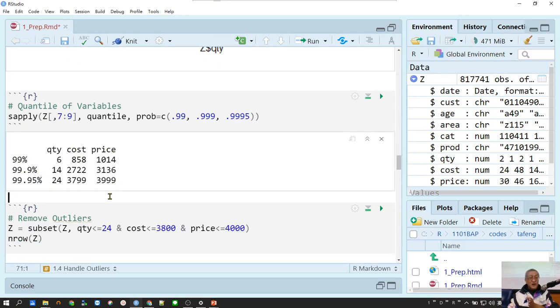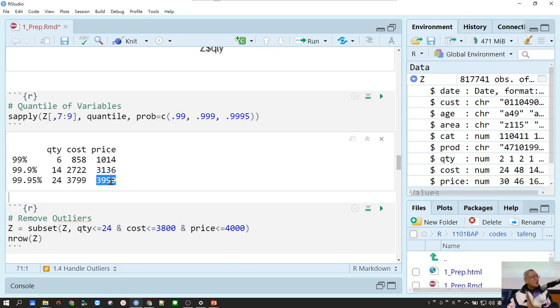Which means only 1% of the items have a price of more than 1,000, only 0.1% is more than this figure, and only 0.05% is more than 4,000.